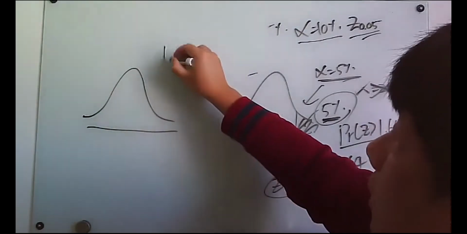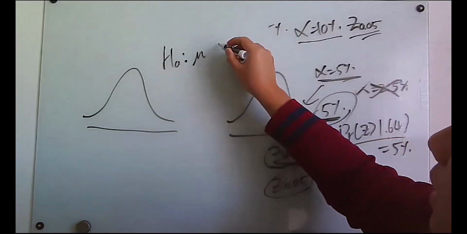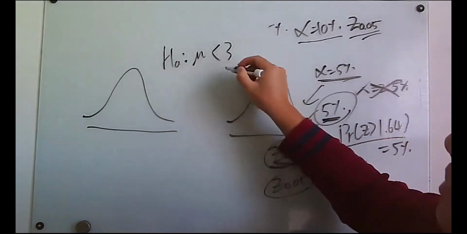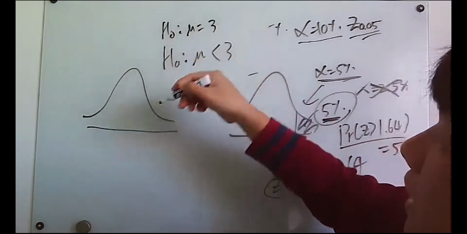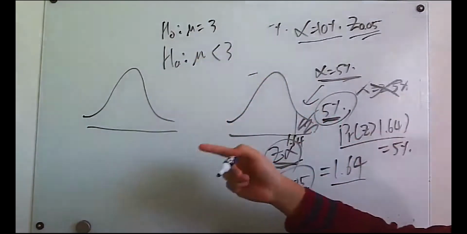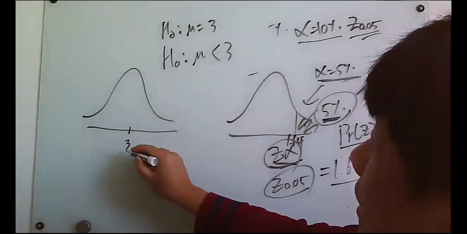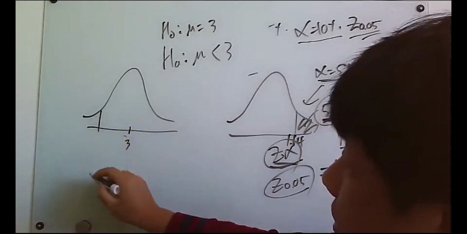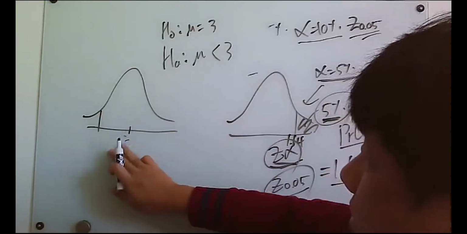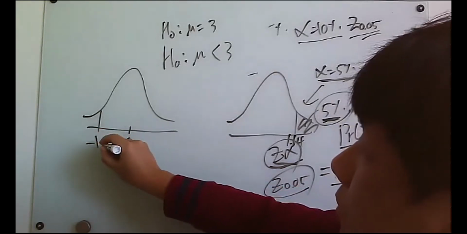The alternative hypothesis is mu less than 3 pounds, and 3 was our hypothesized value. So mu is 3, and if it's less than that, it's a problem. But we standardize it. Standardize means you convert to a z-score, so it becomes 0, and then this becomes 1.81.